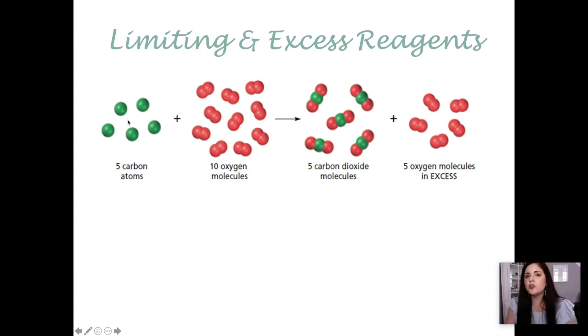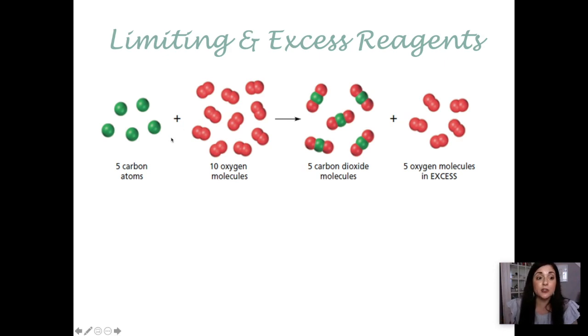This reaction is going to proceed until one of your reactants runs out. So in this case, if I have 5 carbon atoms and 10 oxygen molecules, and if they react in a 1-to-1 mole ratio, you're going to have 5 oxygen molecules left over.